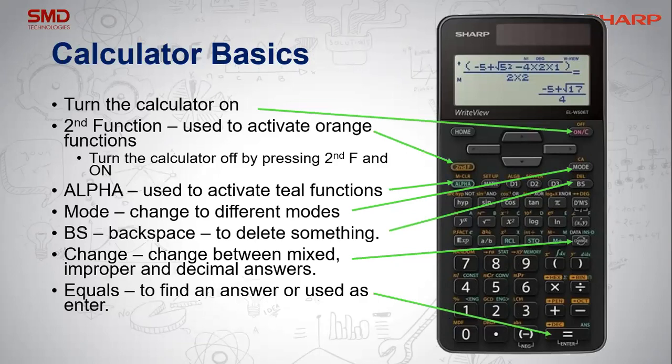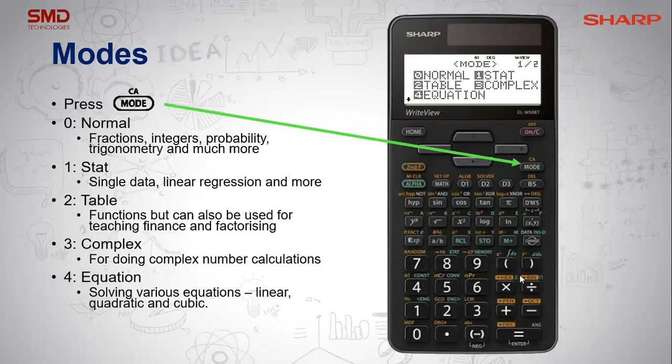Underneath mode is a button that says BS, and that is for backspace. Underneath BS is a button that says change, and that just changes your answer from either a third or a mixed number fraction to an improper, and then to a decimal fraction as well. And then, of course, you have your equals button, which will give you the solution if you type in everything.